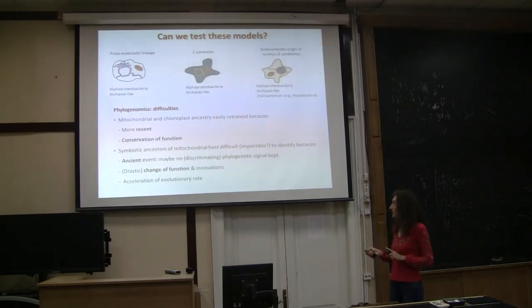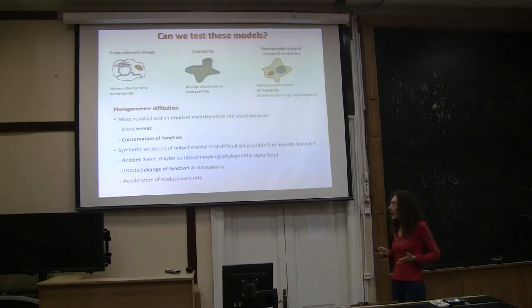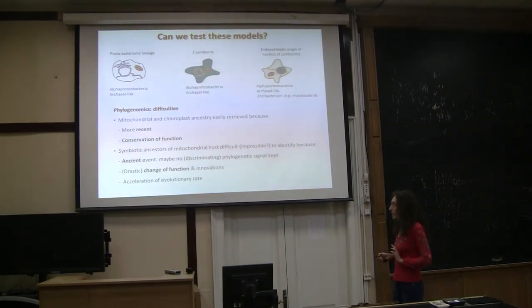But the symbiotic ancestors of the host, this archaeon or this bacterium, is not only perhaps more ancient in some models, but especially they have experienced a drastic change of function with possibly innovation.